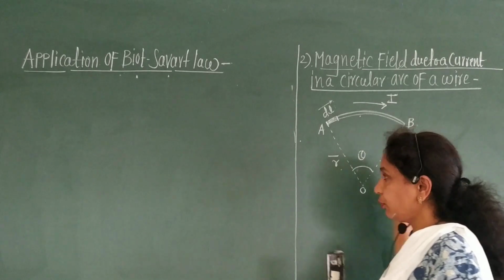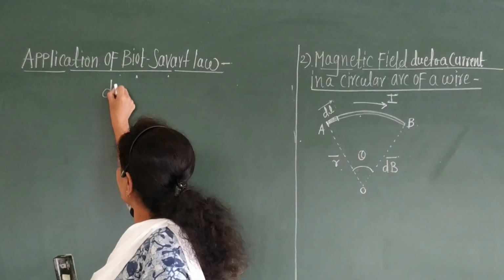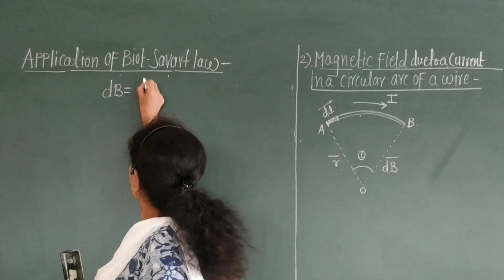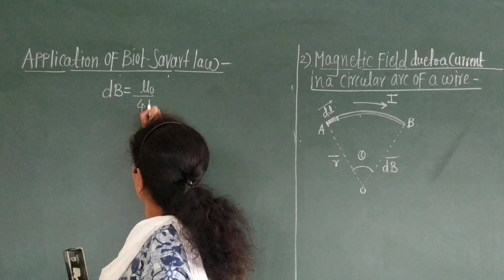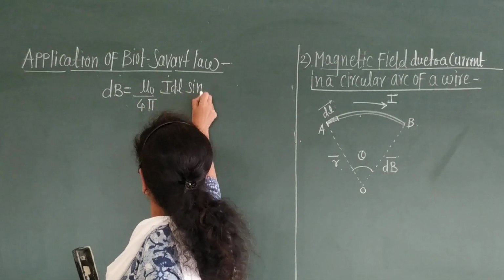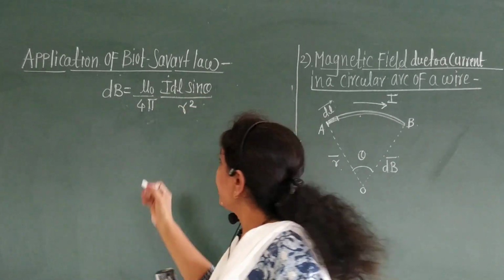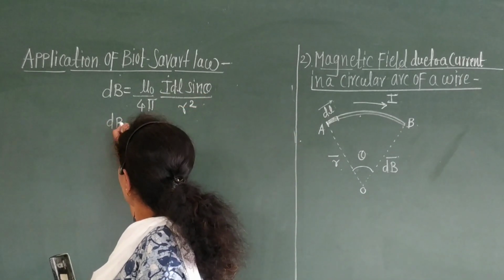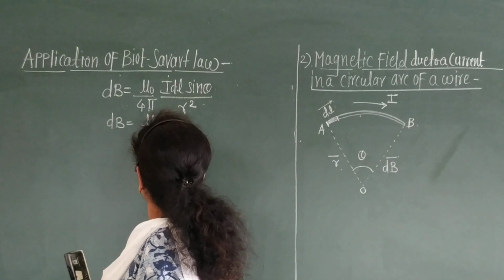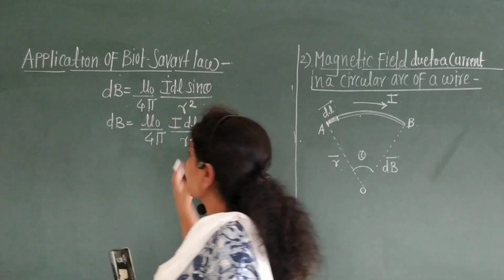What is the Biot-Savart law? dB is equal to mu 0 upon 4 pi I dl sin theta upon r square.